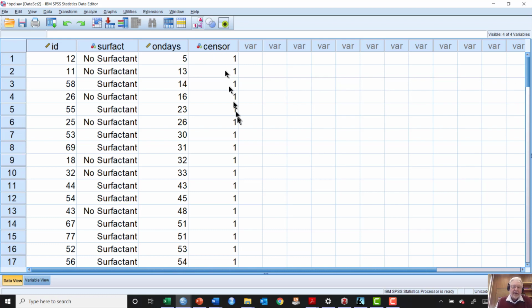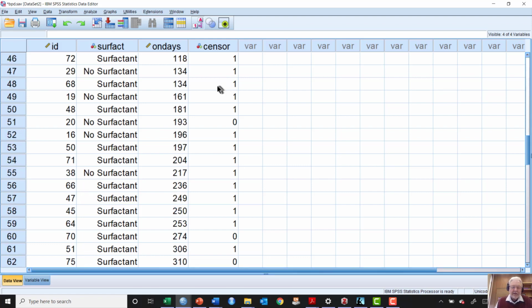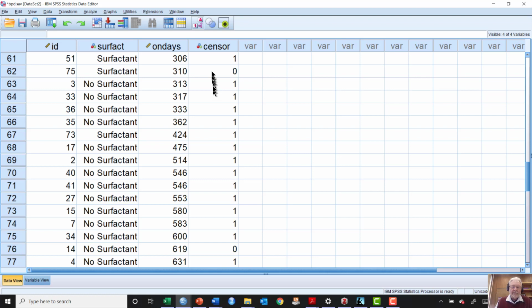And then the censor column: an observation is censored if it's 0. 1 means that this child, for example, was off oxygen in 306 days. This child stopped being followed at 310 days, so we don't know if he had oxygen after that.